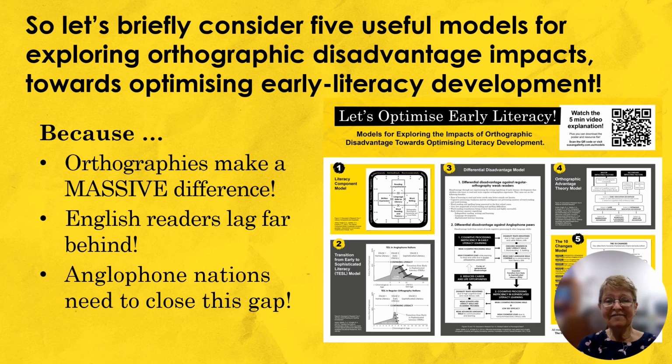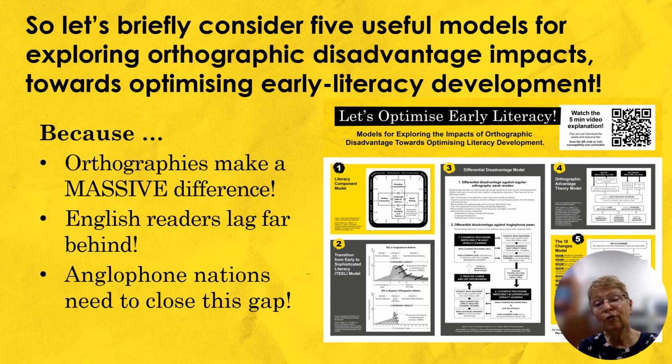So let's briefly consider 5 useful models for exploring our severe orthographic disadvantage impacts towards optimising early literacy development. Why? Because orthographies make a massive difference, because English readers are lagging far, far, far behind. And this creates massive workload. If you've visited our schools, you'll see they are pressure cookers.